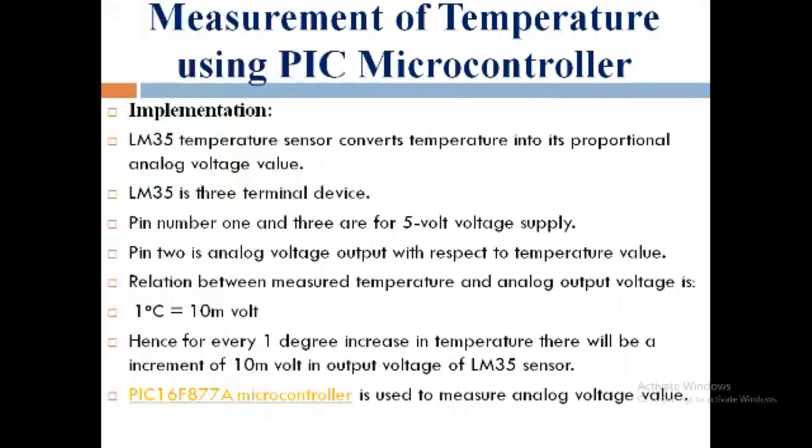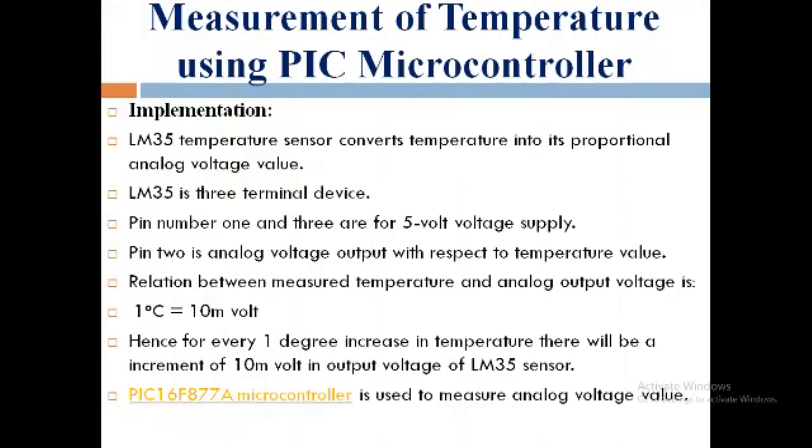First of all, we see the point, that is measurement of temperature using PIC microcontroller, in which first we see the point, that is implementation.